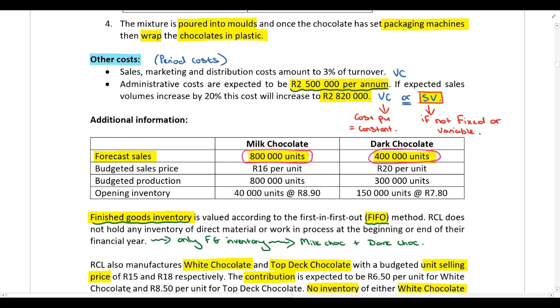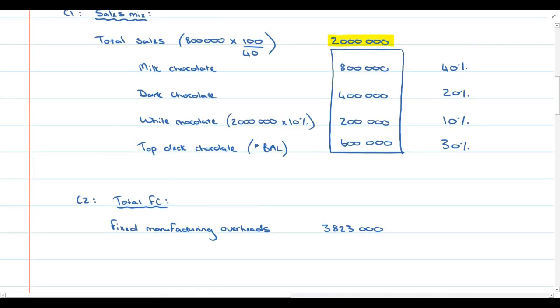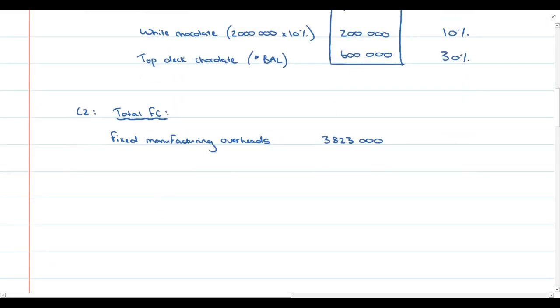So let's have a look at that calculation now. Just leave some space over here because the fixed portion of the admin costs will need to be taken into account in that calculation.